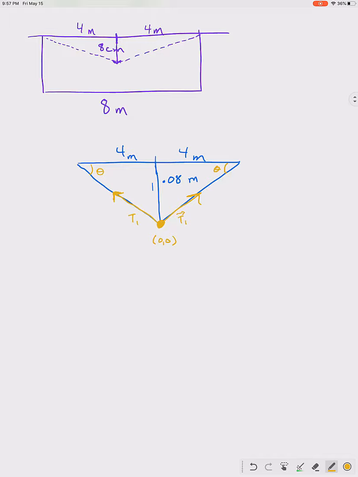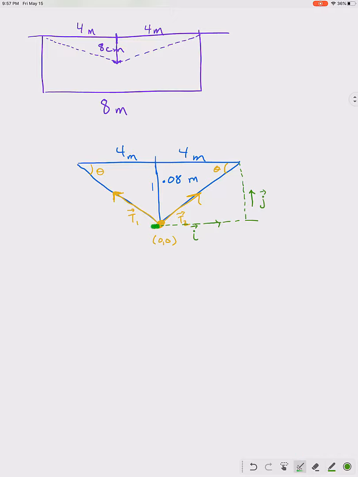I'm going to actually make this one T1 and make this one T2. It doesn't matter. You could choose to make them in the other order if you wanted to, but I decided to do it this way. And each of these vectors, T1 and T2, have a component in the I direction and a component in the J direction.